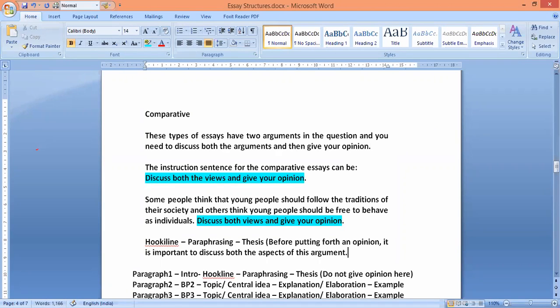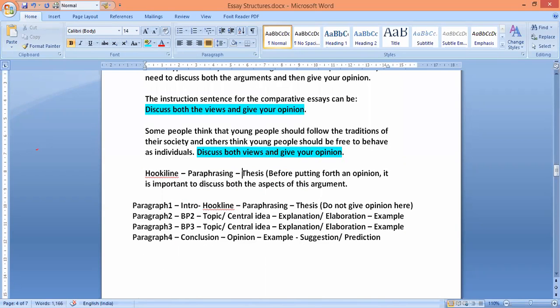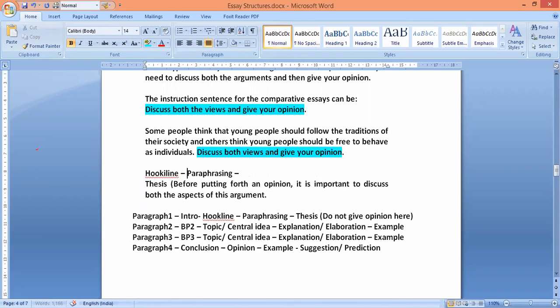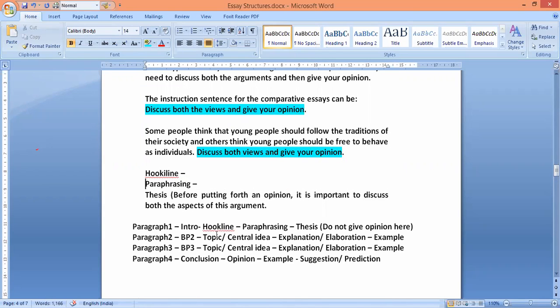And then you can start your body paragraph. Here I am not giving my opinion. I am saying that before giving opinion, I will discuss both the sides.